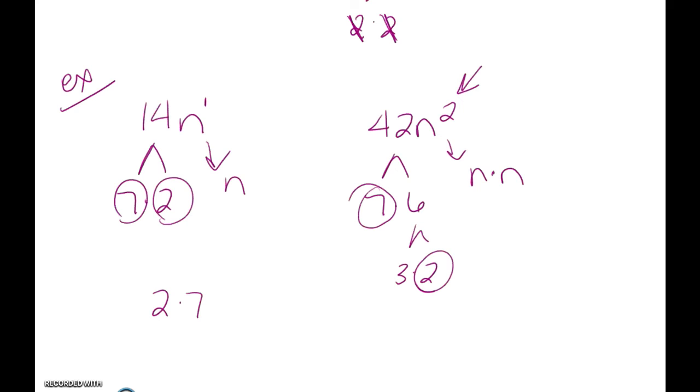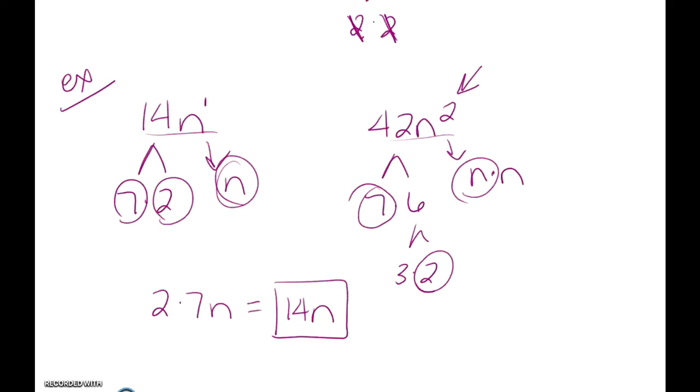That's how we wrote 2 n's. We wrote them as n squared. So now each of these terms have an n. So I'm also going to write down an n for my GCF. And then simplifying, I get 14n. That is my greatest common factor.